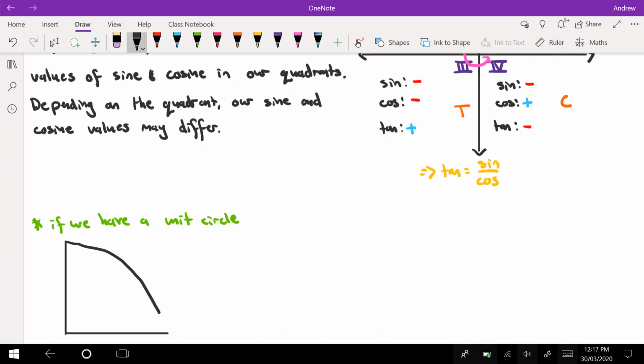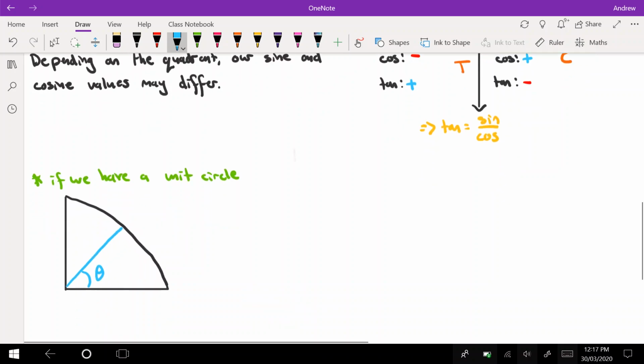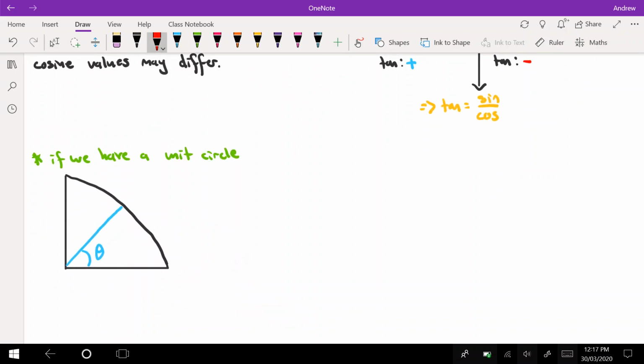And then they're connected like that. And we're going to have radius there. That'll be my theta. That's y. And this here will be x.